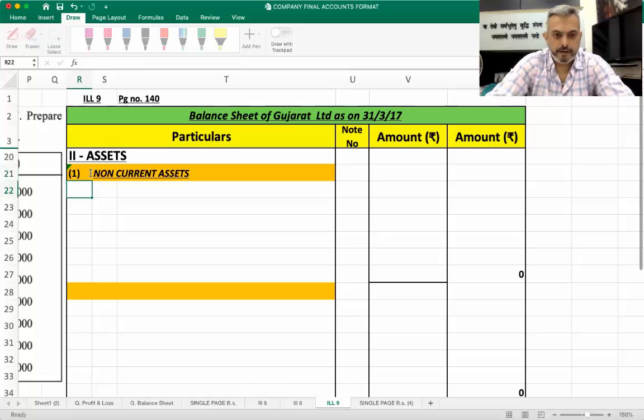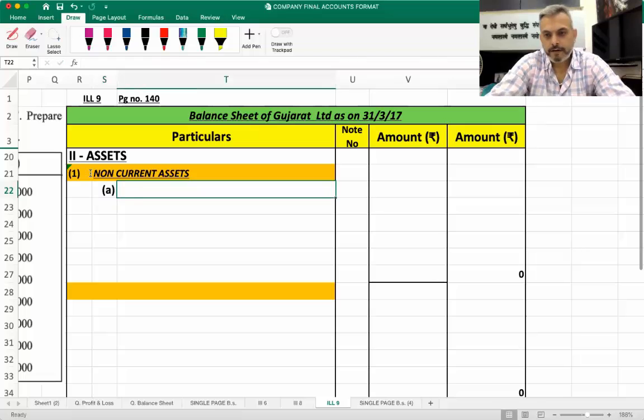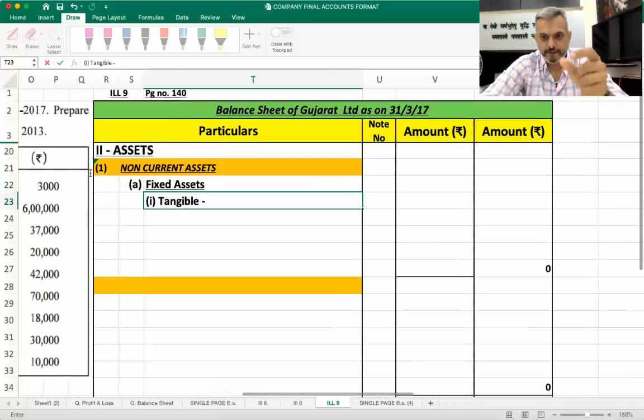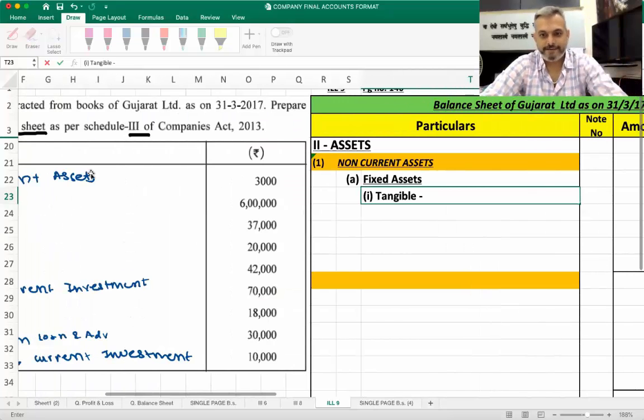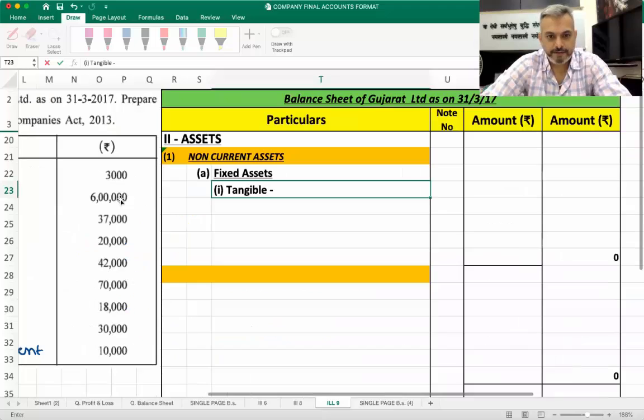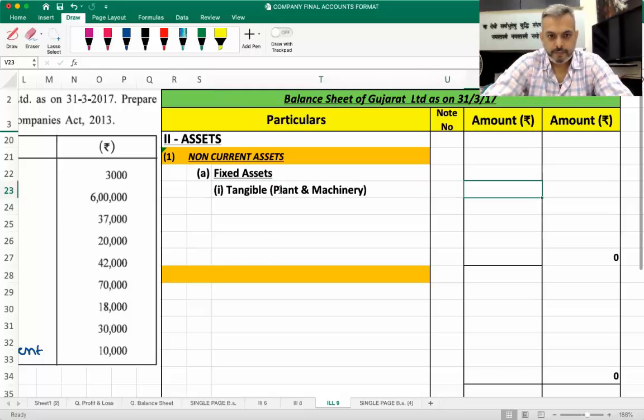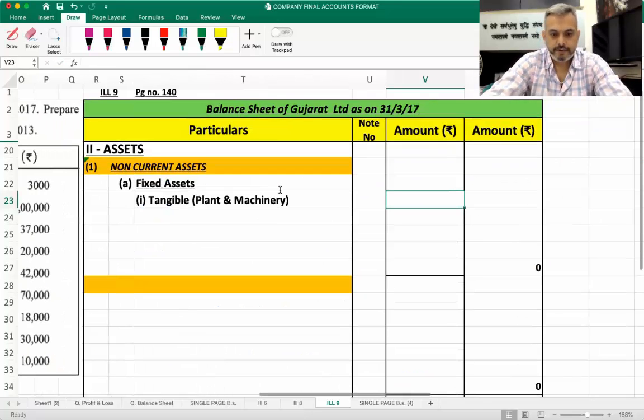Non-current assets. Now non-current assets starts with fixed assets. In that, first is tangible. So in this tangible, what comes? So plant and machinery. So I'll write over here in the bracket, plant and machinery. 6 lakh, inner column.